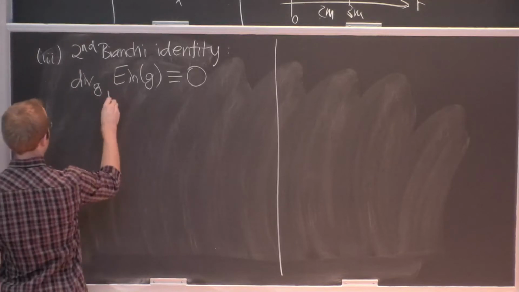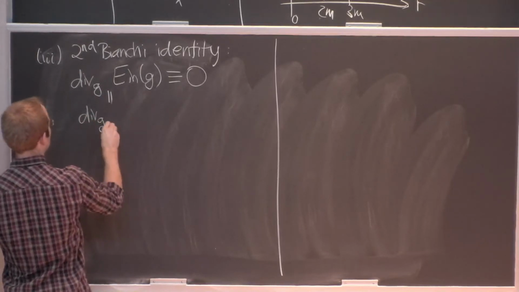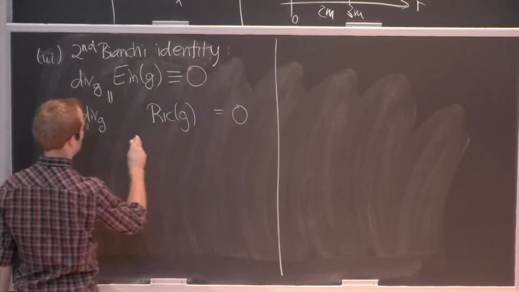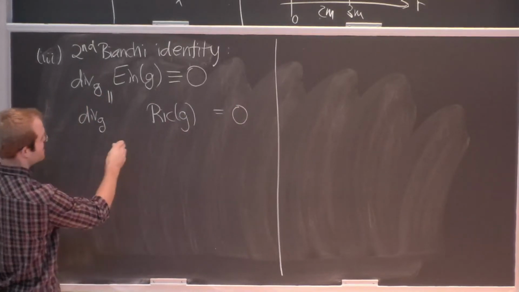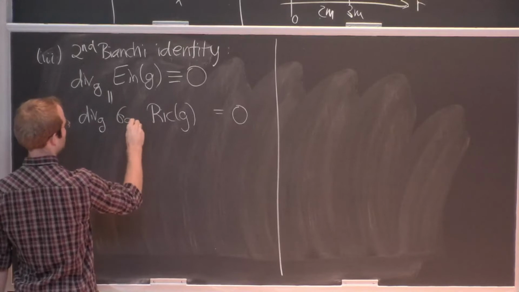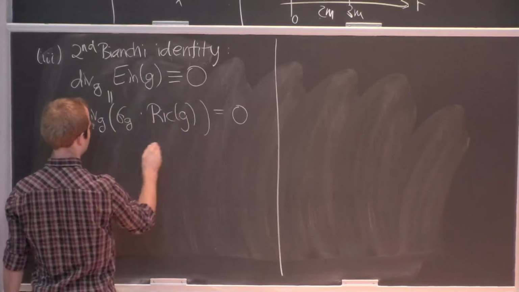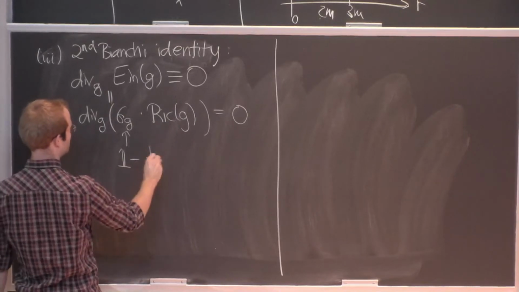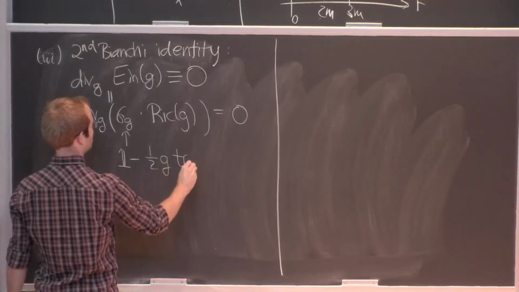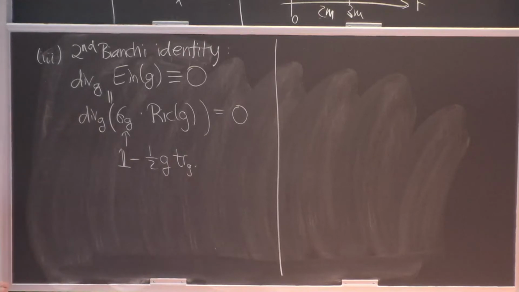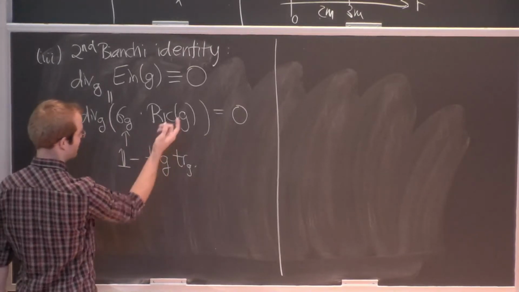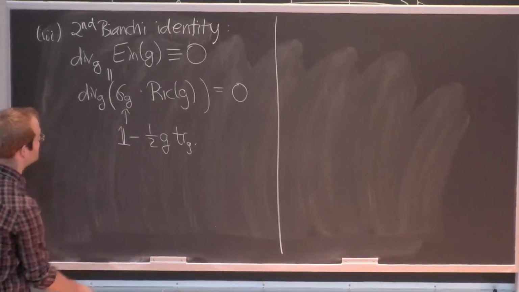Remember that the Einstein tensor was equal to the Ricci tensor minus 1/2 times the scalar curvature times the metric. So let me codify this as G sub G, where this takes a symmetric 2 tensor and subtracts 1/2 times its trace. Okay, so this is the second Bianchi identity. It's again an algebraic identity really about G, and it's up to second derivatives.